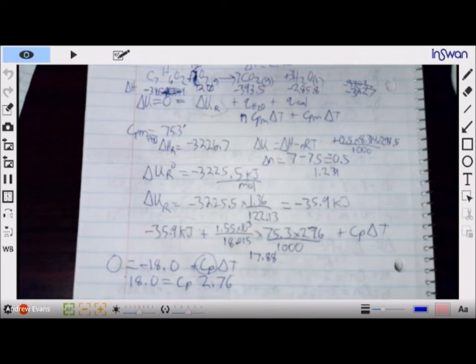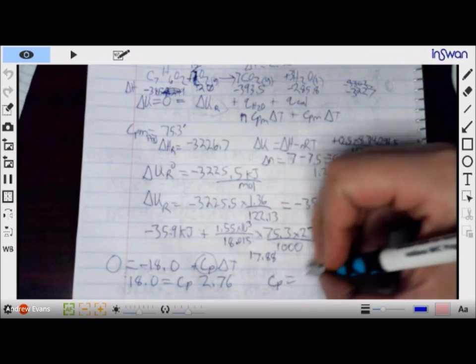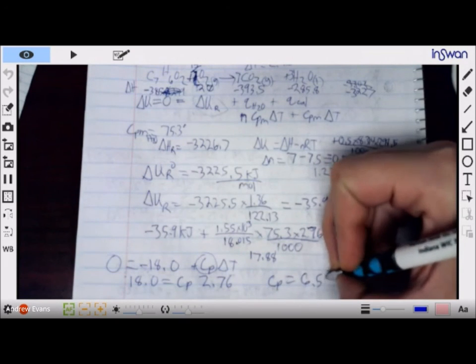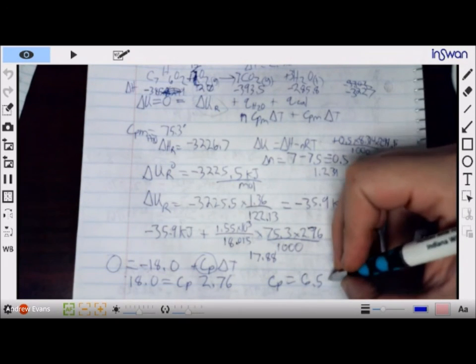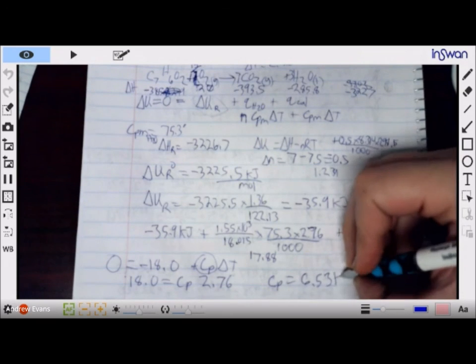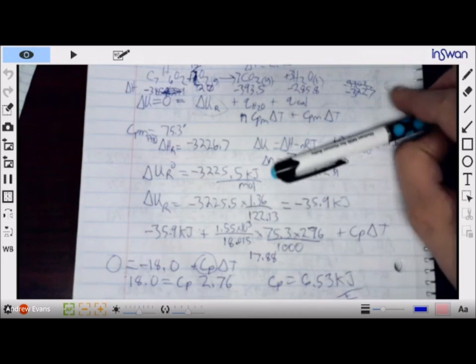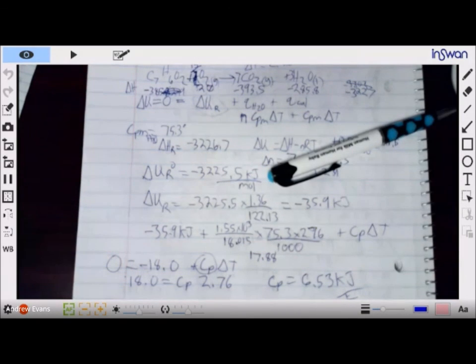So dividing 18.0 by 2.76 gives the heat capacity for the calorimeter at 6.53 kilojoules per Kelvin.